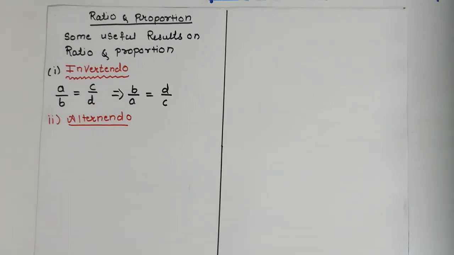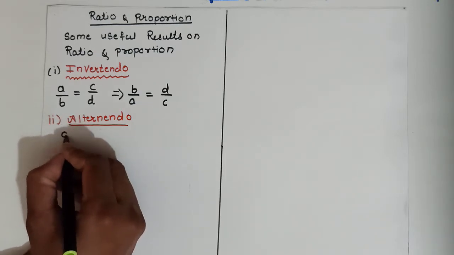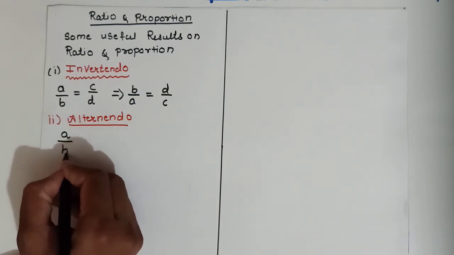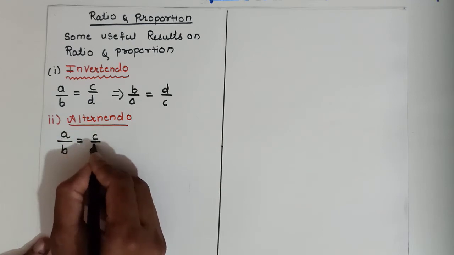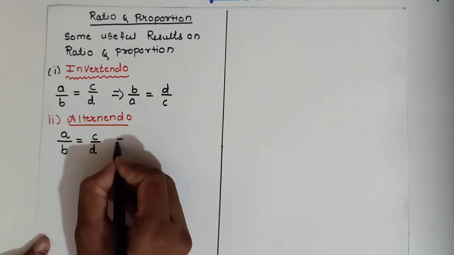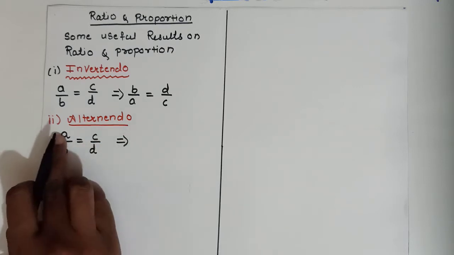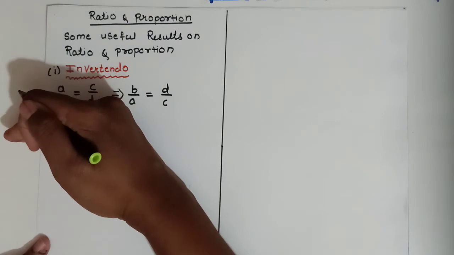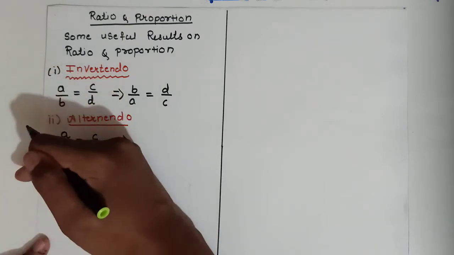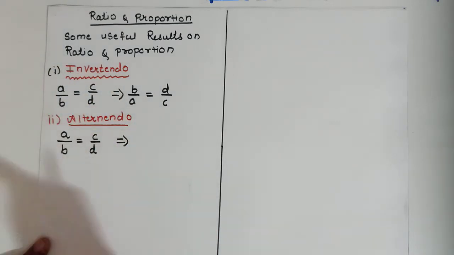Now the alterendo property. If the terms are A upon B equals C upon D, and we have to alter it, both numerators will come on one side and both denominators will come on the other side.